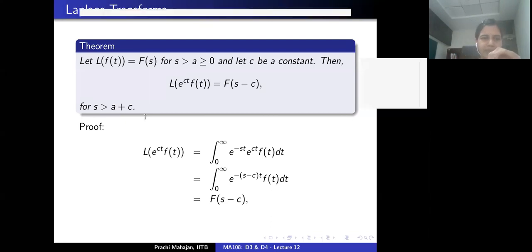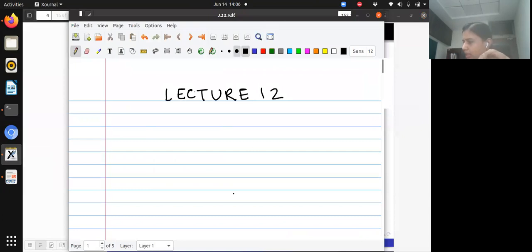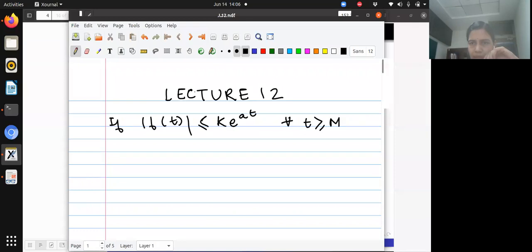Let's note this. If the function little f is of exponential order a, which means that this growth restriction is there, so that f is bounded by exponential at from some stage onwards, that is, if there are constants k, a, and M such that little f satisfies this growth restriction, which is exactly saying that little f is of exponential order a, then what happens to the function we are looking at, exponential ct times f?